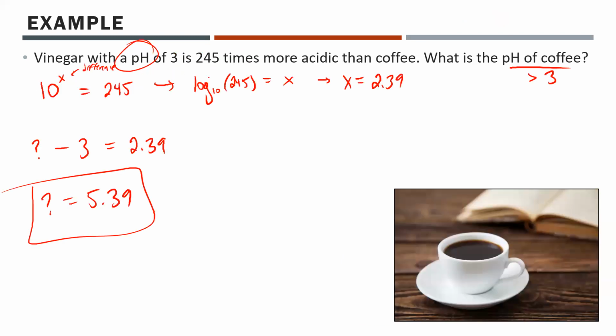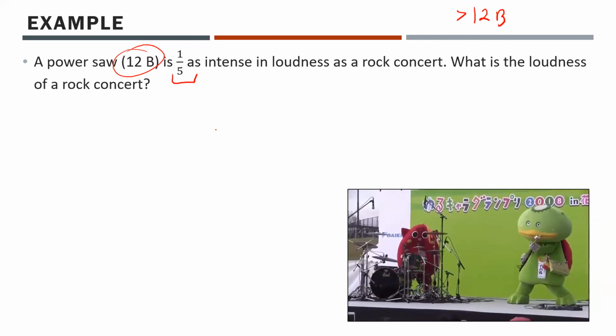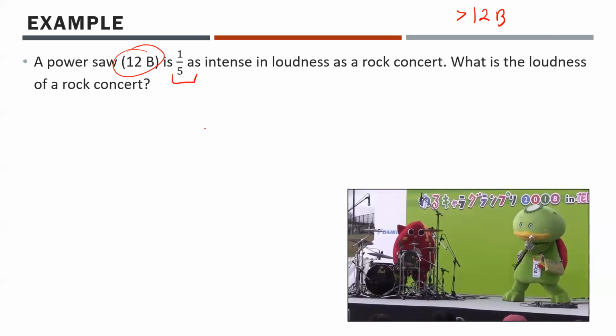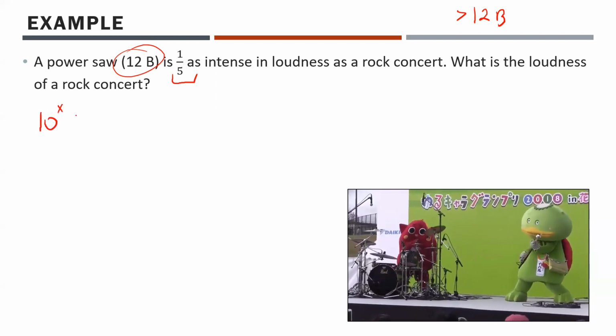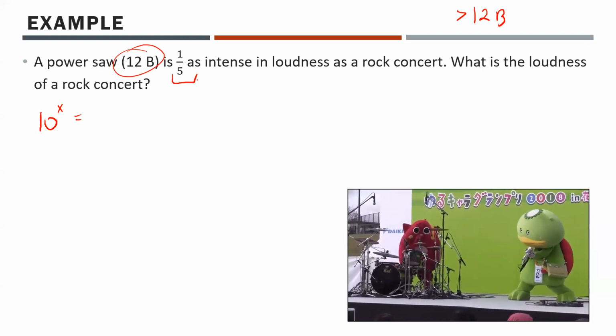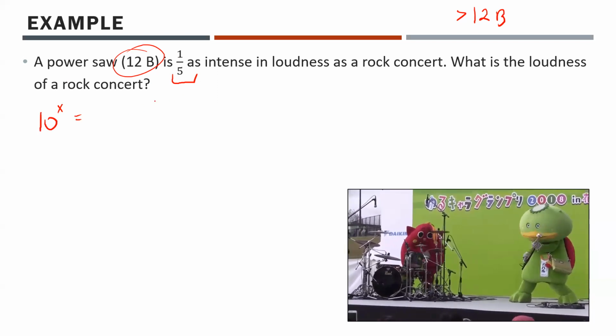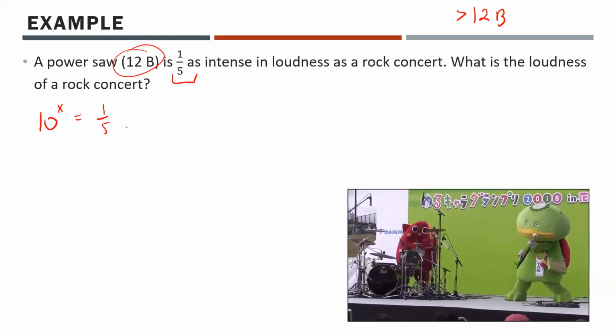Notice in all the other previous questions we did, we always went like the bigger number minus the smaller number, but that gave us a number that was relatively large. This number here is just 1/5. If you don't believe me on this one, watch what's going to happen. Just like the previous questions, we're going to go 10 to the power of x equals our intensity difference, which is 1/5.